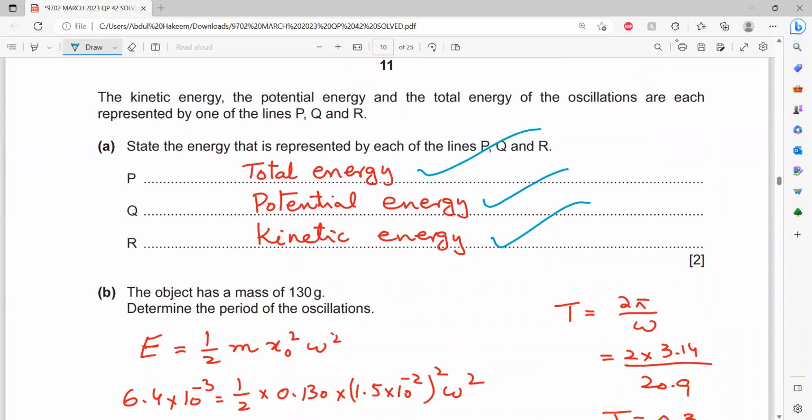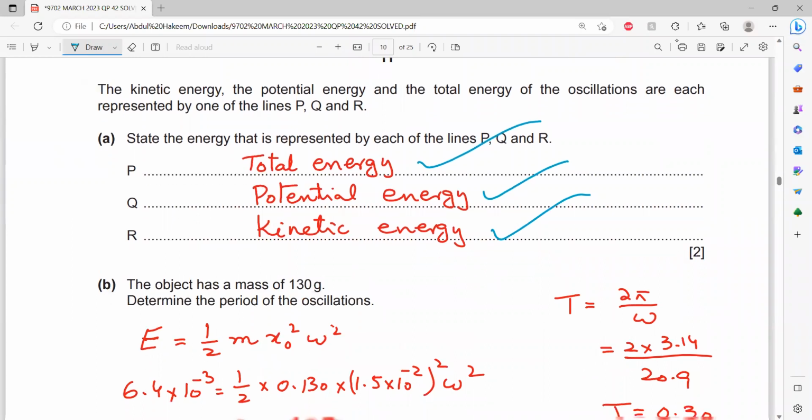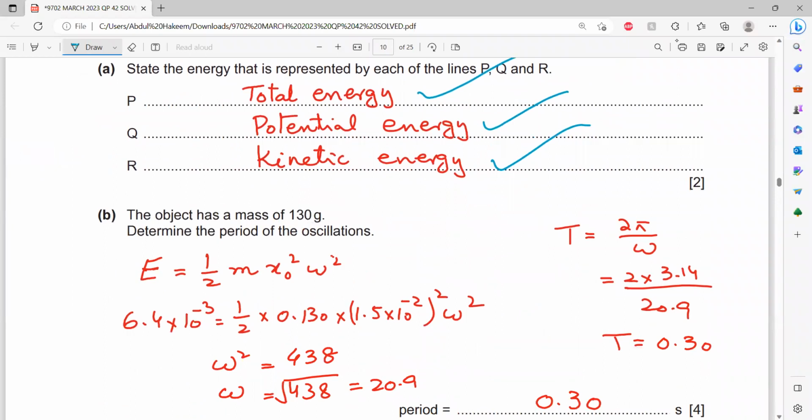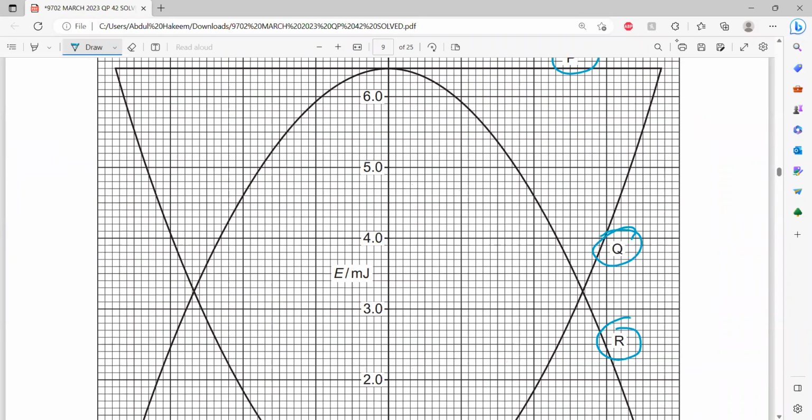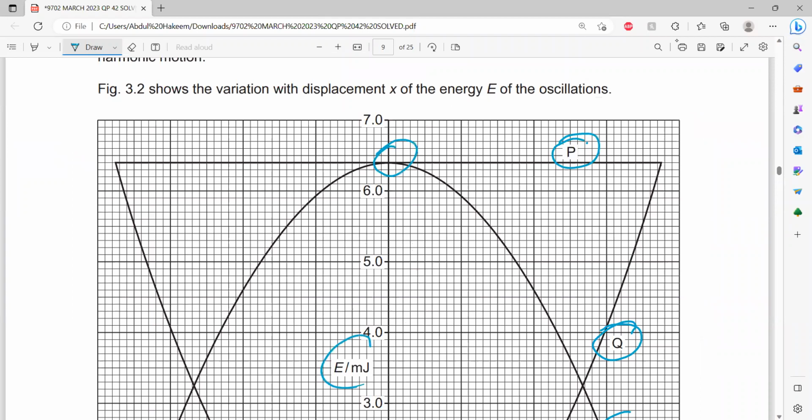The object has a mass of 130 gram. Determine the period of the oscillations. We will use this formula: total energy is equal to 1/2 m x naught squared omega squared. The total energy from the graph is this, which is in millijoule.